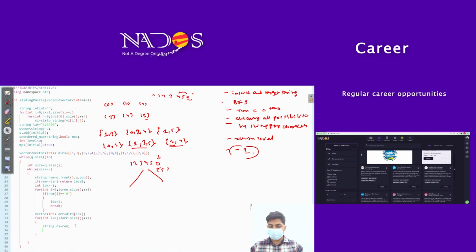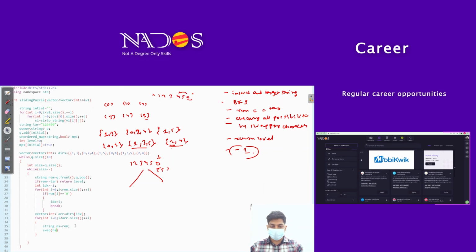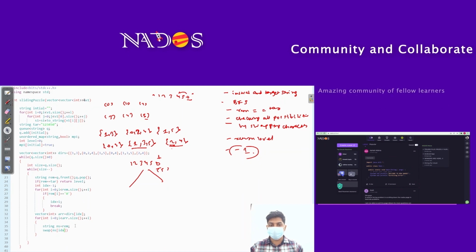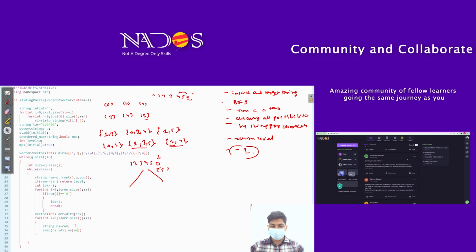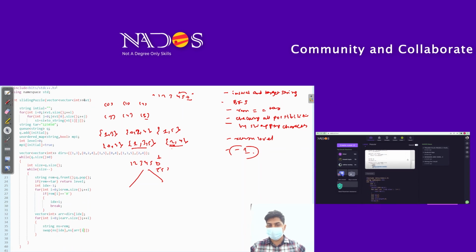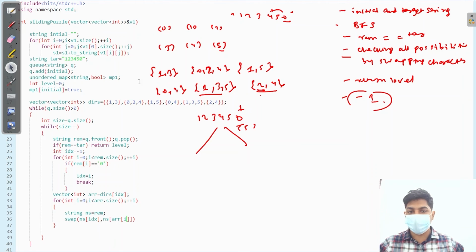We will swap new string of index, that is the position of the 0th character, and new string of array of I, whatever is stored in the current array index. If 2 is stored, it will be new string of 2. If 4, then new string of 4.